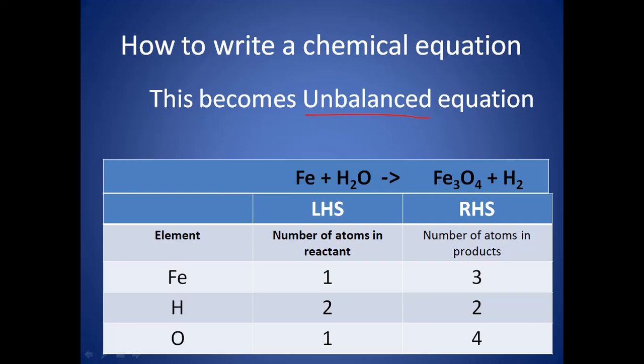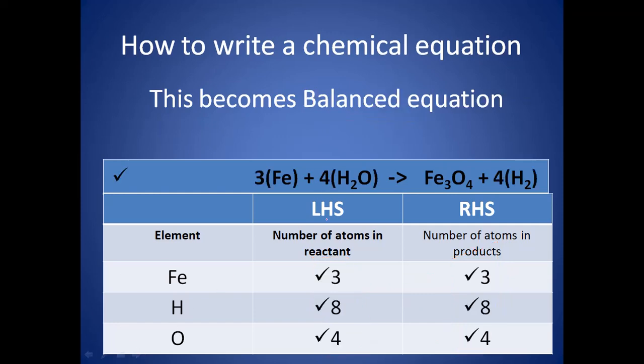As you can see, we balanced it later, but before that it was unbalanced. The atoms were not the same at all. So this was an unbalanced equation, and then after some time we made it balanced. This is the complete balanced equation; there are a few things which we still have to write down, but this is the balanced equation.